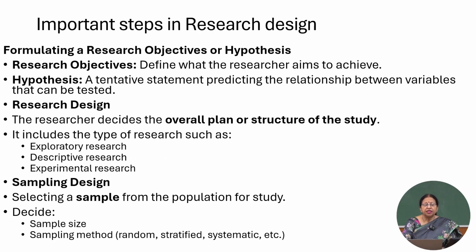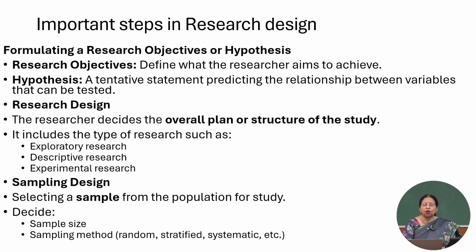Moving on, then we look at the important steps in research design, because research design is the most crucial part of the research plan. After having selected the topic, now you have to make a research design or a research plan.